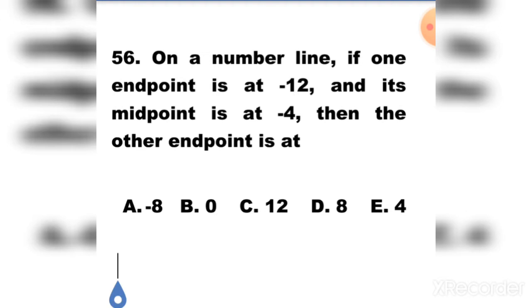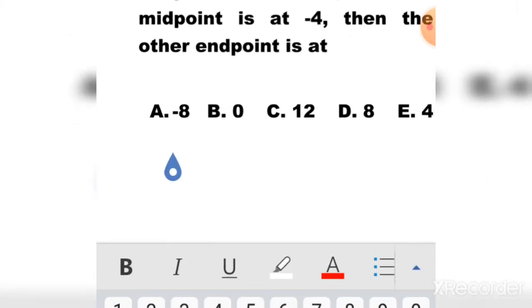So, the given points are one endpoint, which is negative 12, and midpoint at negative 4. First, get the distance from one endpoint to the midpoint. So that is 12 minus 4. So the distance is 8.